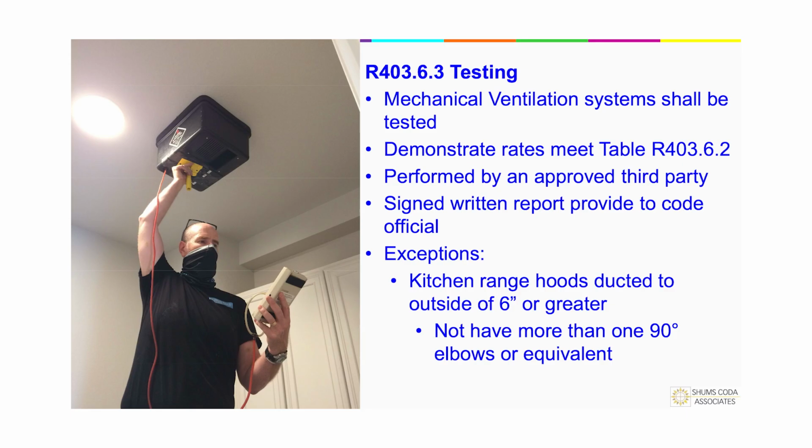The only thing that is exempted is if there's a kitchen range hood ducted to the outside that's at least 6 inches, but only if it doesn't have more than one 90-degree elbow. If it does have more than one, then it's going to have ventilation testing.